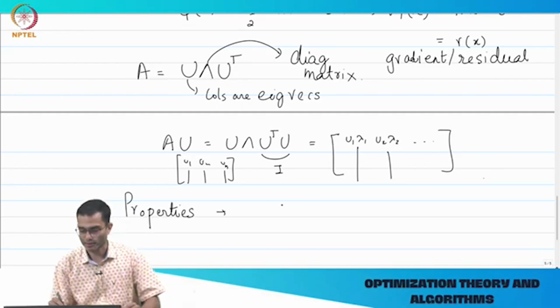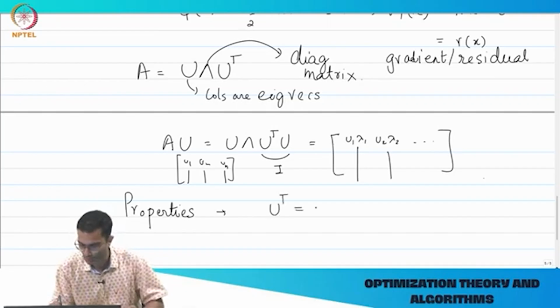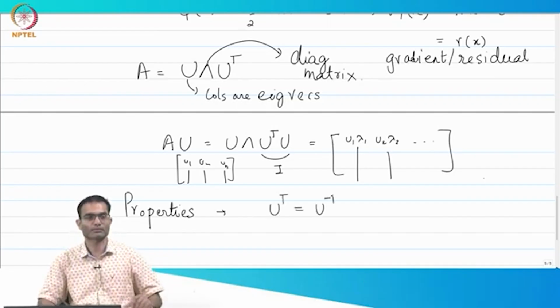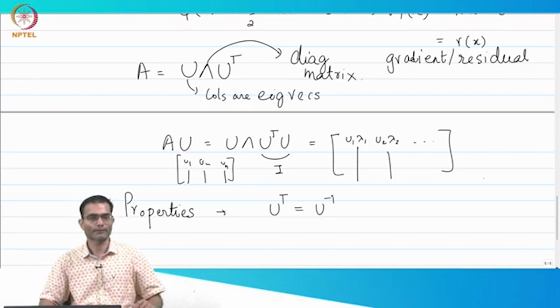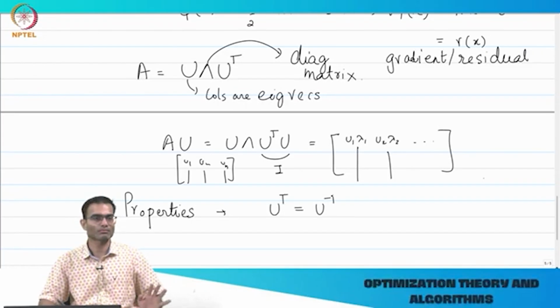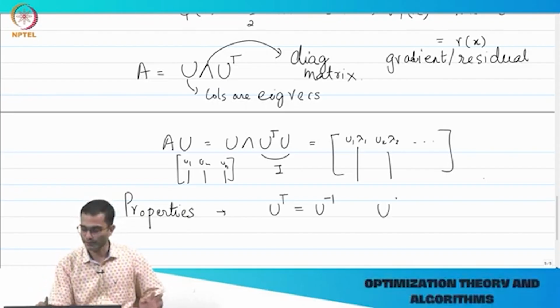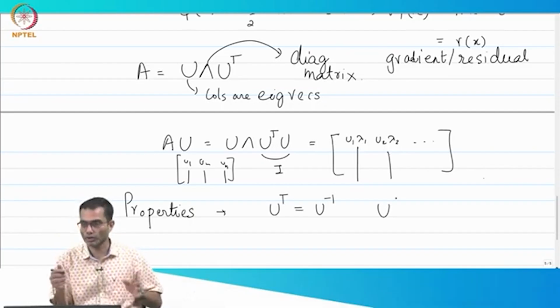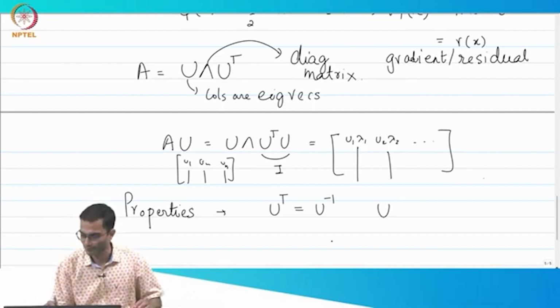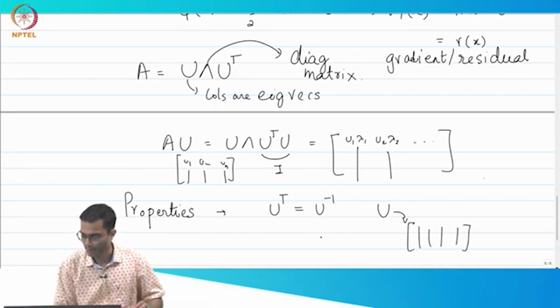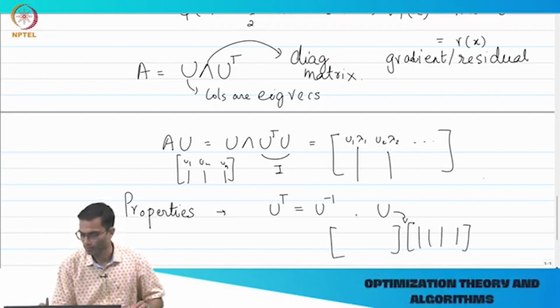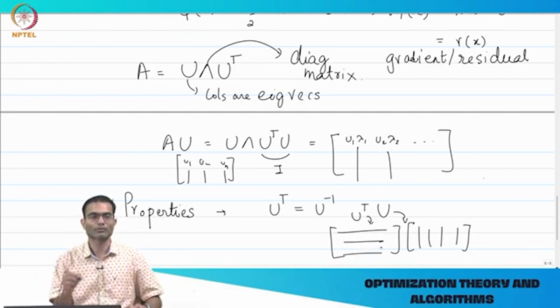All right, this has given us one property I've already stated, which was that U transpose is the same as U inverse. Okay. Is it easy to see this? If I take U, the columns are all orthogonal, right? So if I take U like this as columns, and if I take U transpose over here, all those guys become rows.